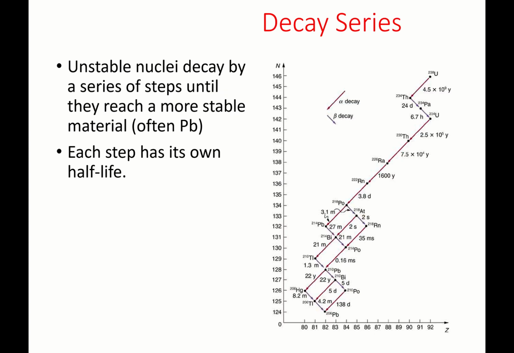As a nucleus decays, it's not going to decay immediately to something that's stable. It's going to go through a bunch of different steps to various different radioactive nuclei until it gets to a small enough nucleus that it's stable. Each step in the process has its own half-life, and it can take many years, or just seconds or milliseconds, for it to decay to a new nucleus.